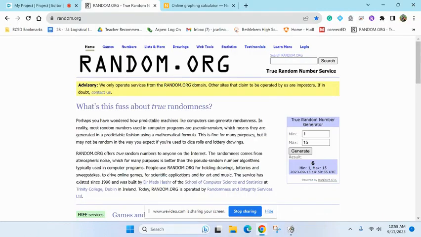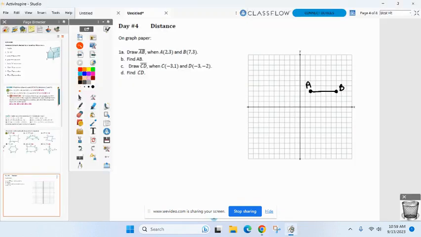AB has a length of 5 units. Yep, good, because he can count. All right, let's do it one more time now for CD.